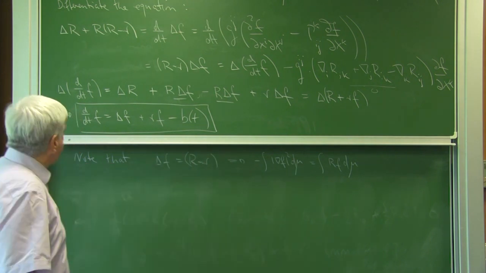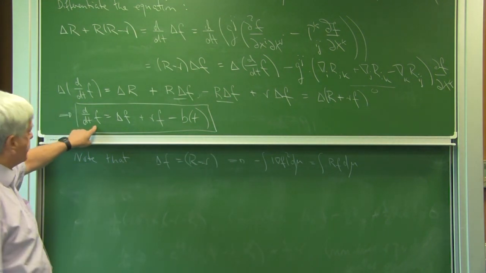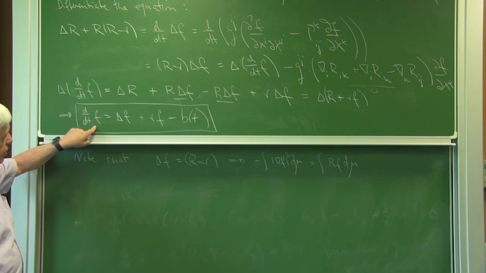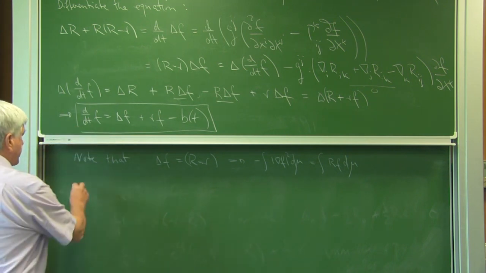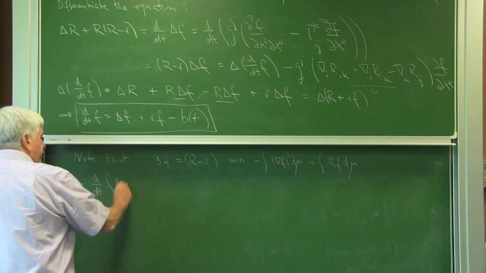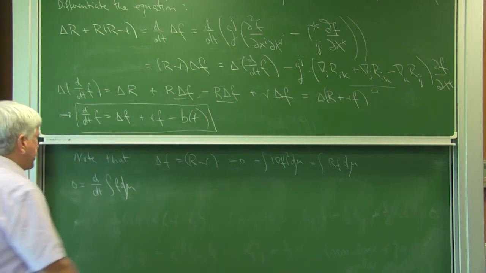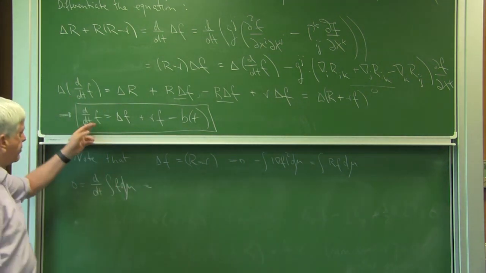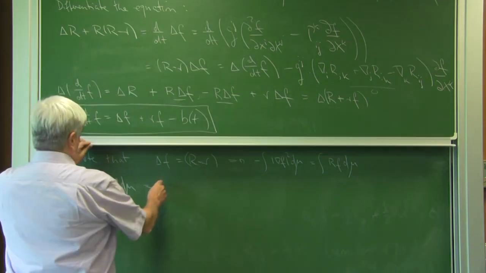Noticing this, on the other hand we want the integral of f to remain 0, so we know that 0 is equal to ddt of the integral of f, which we can now compute from our evolution equation.